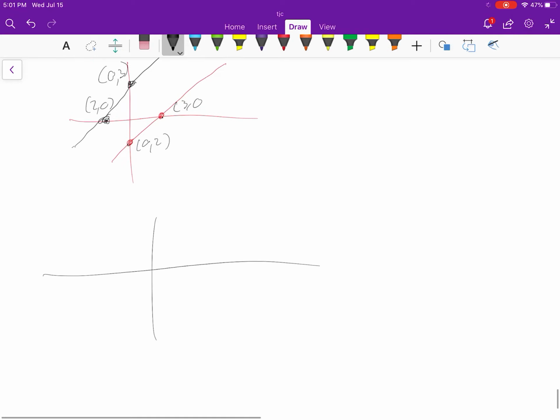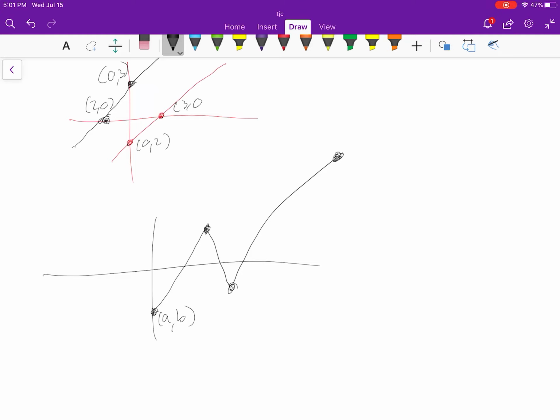Okay, and you can do that even if you have a function that does something like that. All you really need to do is just graph these points here and take another point there.